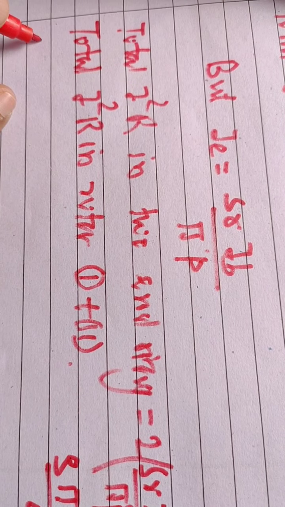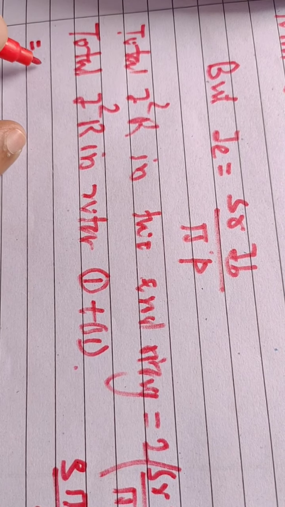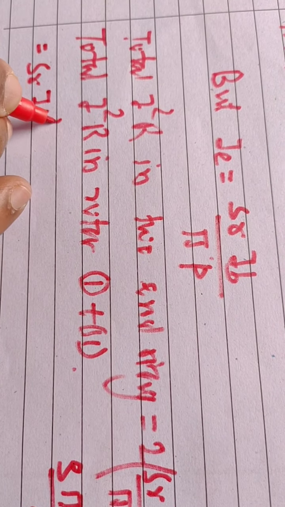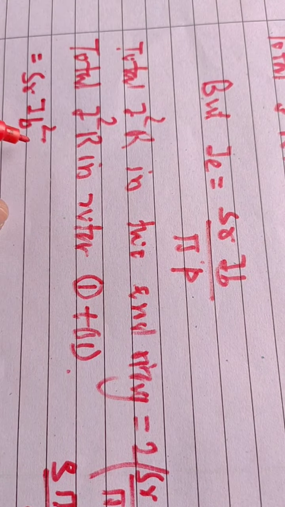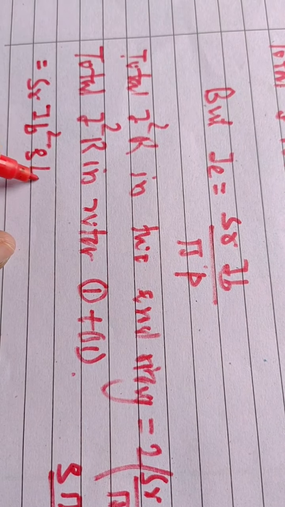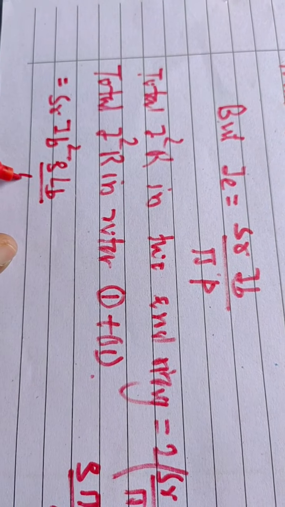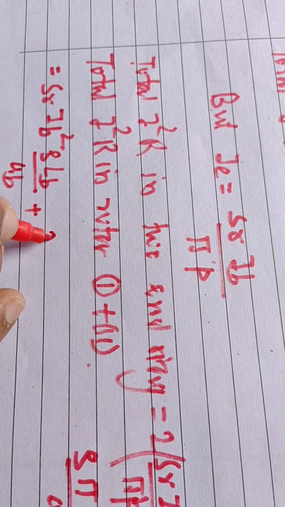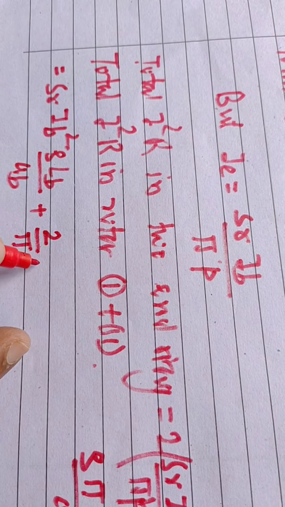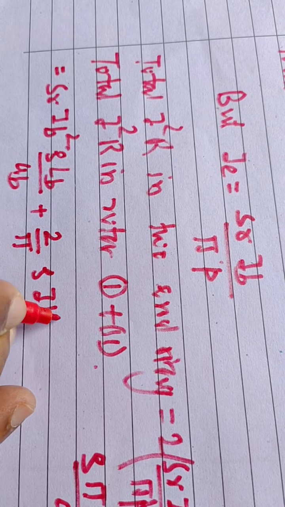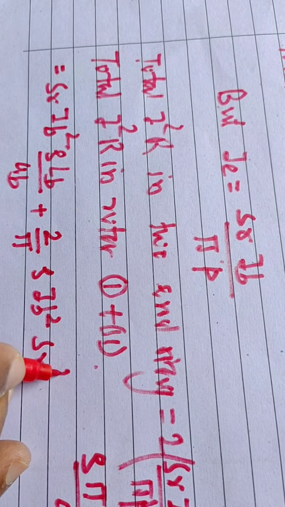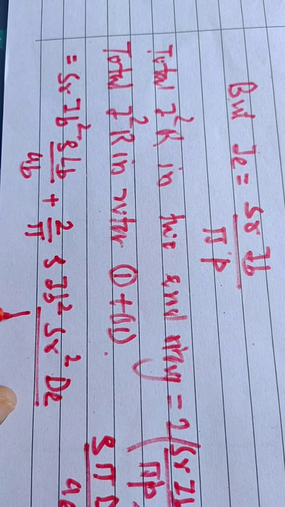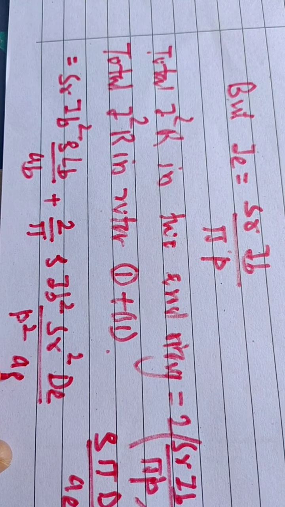So this is equal to SR IB square rho LB upon AB, this is copper loss from the bars, plus end ring copper loss, this is 2 upon pi into rho into IB square into SR square into DE upon P square into AE.